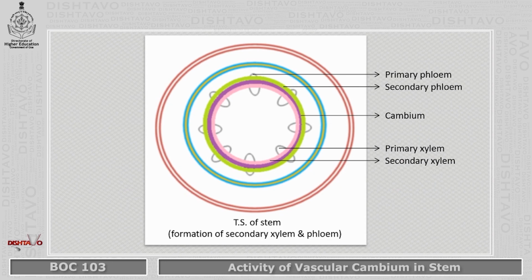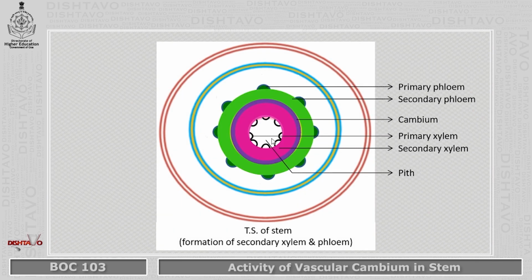In this picture, you can see that the cambium forms secondary xylem towards the inner side and secondary phloem towards the outer side. As secondary growth advances, the formation of secondary xylem and secondary phloem pushes primary xylem towards the inner side and primary phloem towards the outer side.